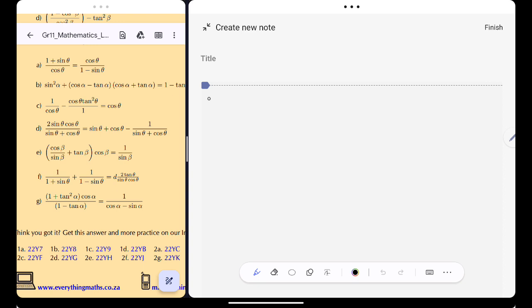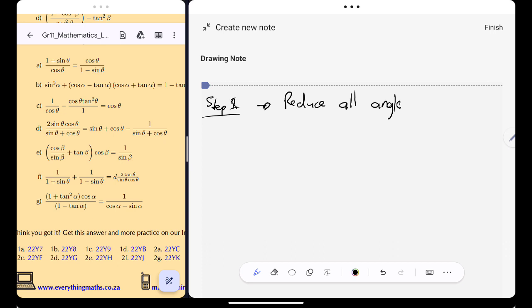The first one, whenever we prove, step number 1, you must reduce all your angles by using the reduction formulas.